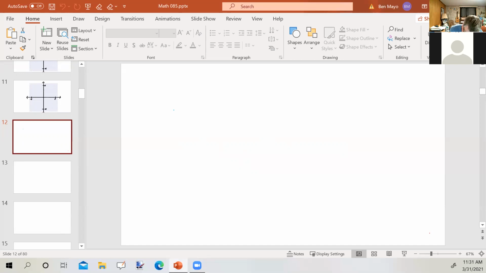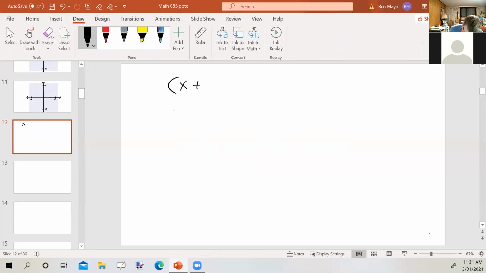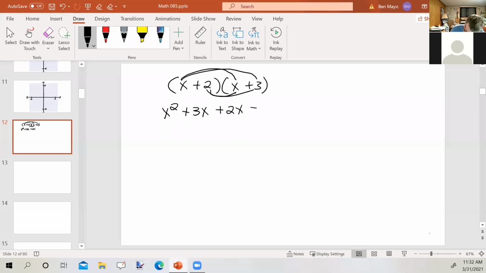Let's say we've got x plus 2, the quantity, times x plus 3, the quantity. We're going to multiply those two binomials together. So we get x squared plus 3x plus 2x plus 6.